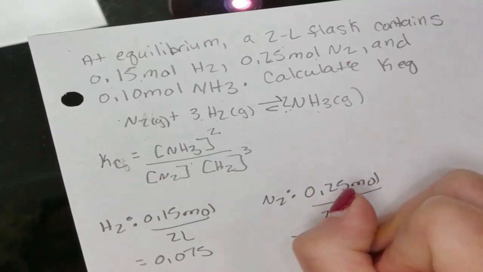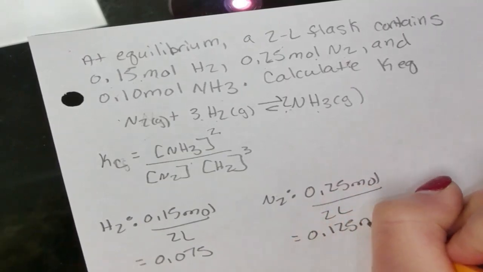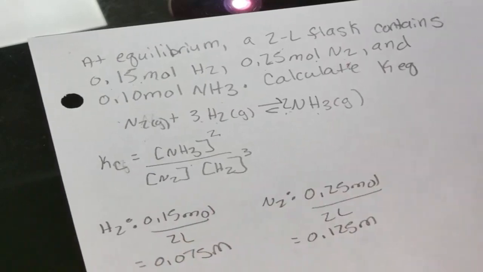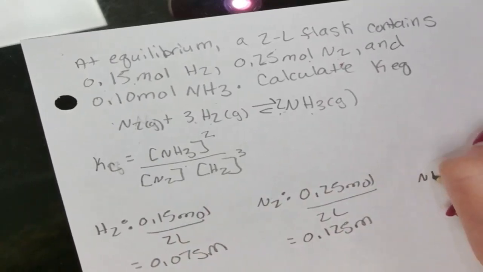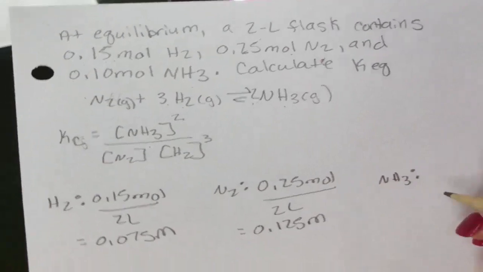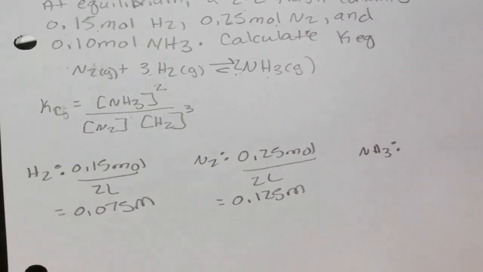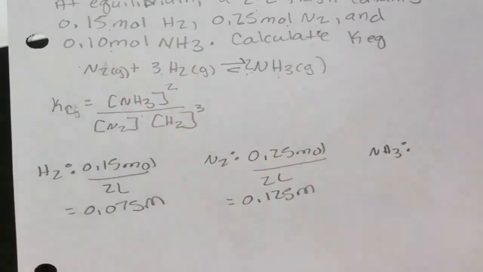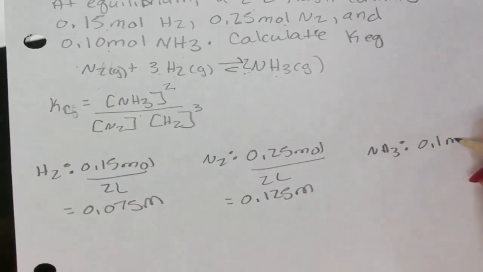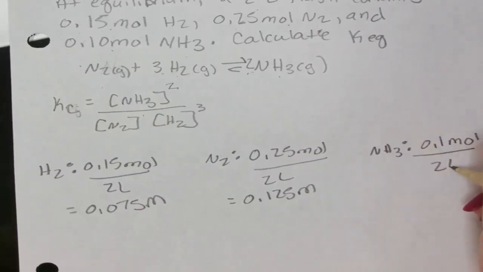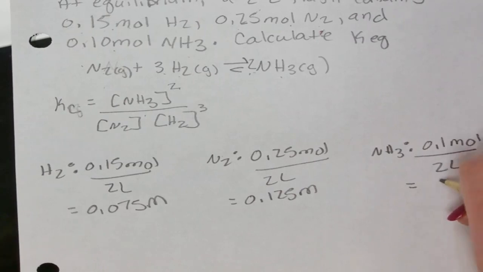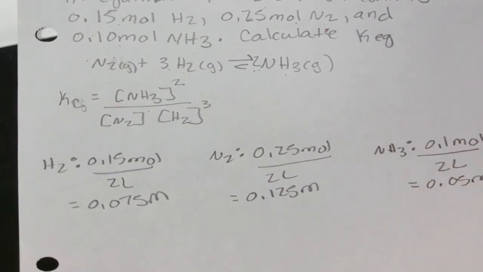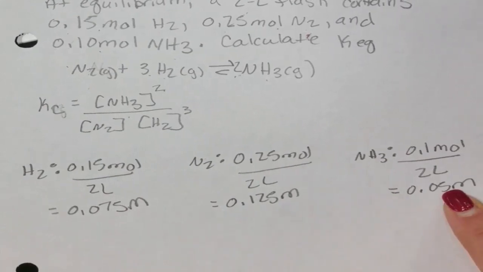So that's going to be 0.125 molar, and these are molar. All right, and then my NH3 as well. It has 0.1 moles with the same volume. So my NH3 is 0.05 molar. So now I have my 3 concentrations, which I can then plug in.